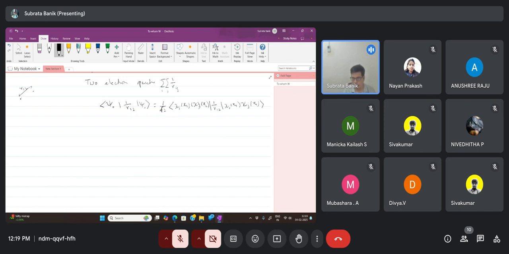And then for this also I have 1 by root 2. So basically I get 1 by root 2 into 1 by root 2. This will give me 1 by 2. Let us explicitly write this term. You will understand why we are doing this.